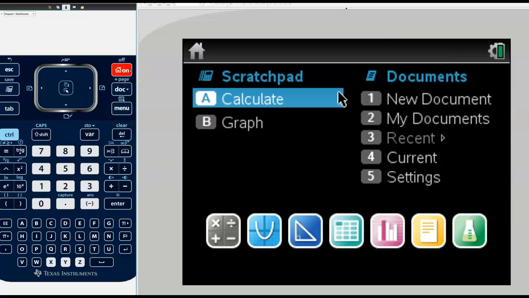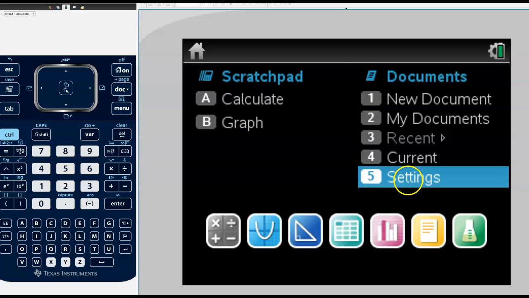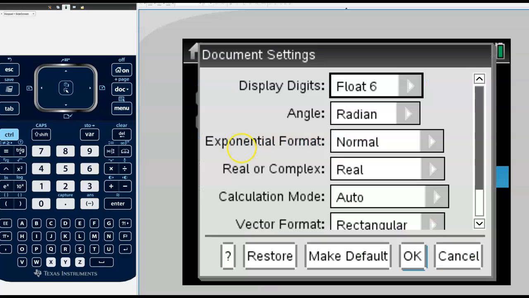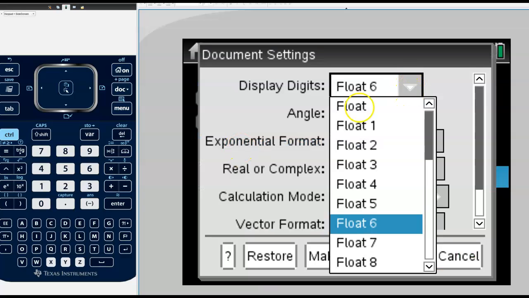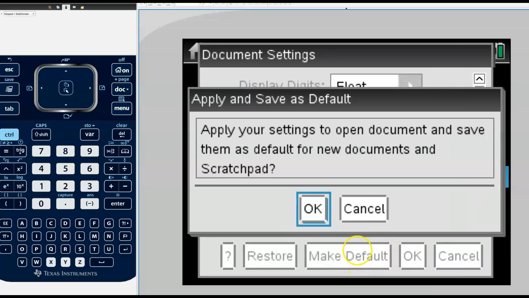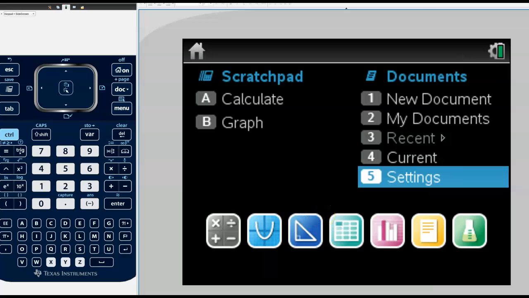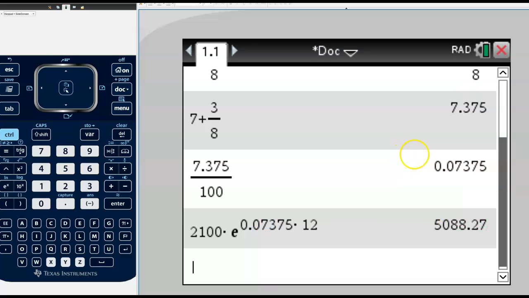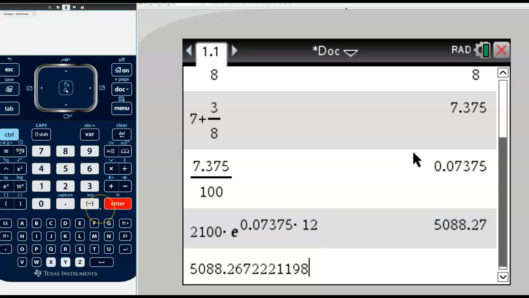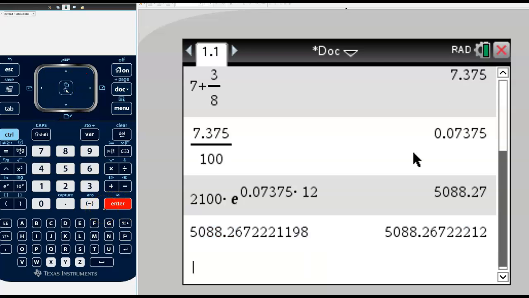You may end up having this happen to you with your calculator at home. So I go into my document settings, and sure enough, I'm only on float 6, and I should be on plain float. I'm going to make it the default. Now I'm going to go back to my document and that line, and I see it has a lot more decimal places.